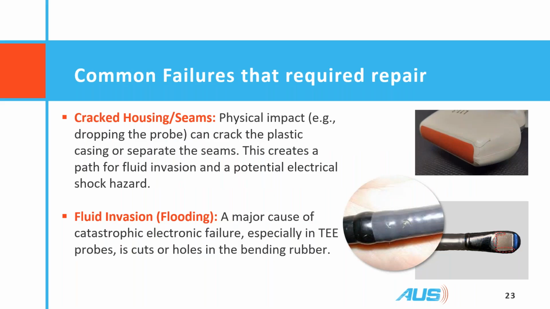So this probe needs to be removed from service and repaired or replaced. Fluid invasion: we're showing you the tip of a TEE probe, and you can see the bending rubber. I don't know if that's a bite mark or a nick, I don't know how it was caused, but if there's a hole in there and fluid gets inside, it quickly causes severe damage, and over time just gets worse and worse, driving up the cost of repair.